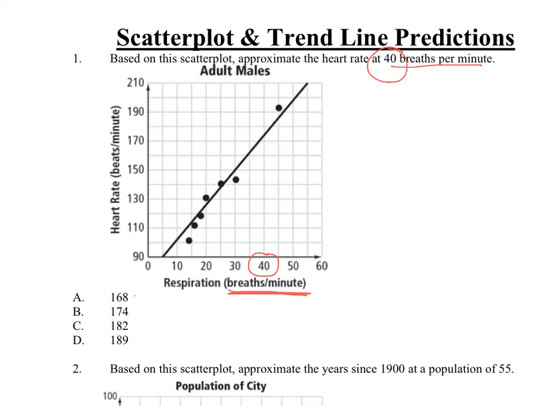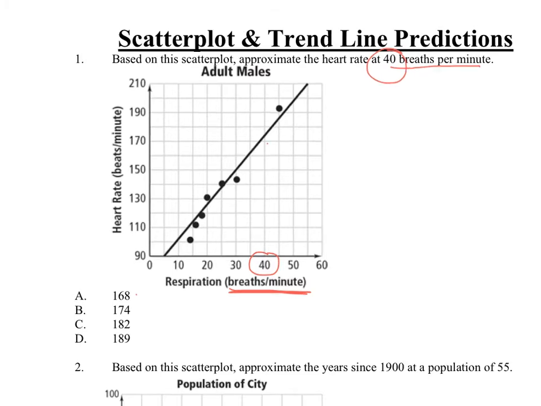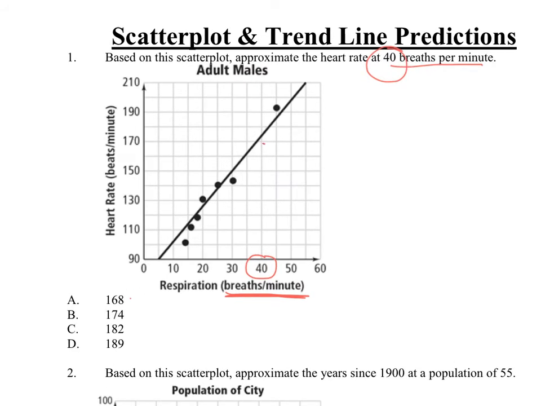So A is at 168, and we want to see if it falls along that line that they gave us. So 168 would be just shy of 170, maybe like right here. Okay, so that's A, that's pretty close. B, 174, that's going to be a little bit above 170.